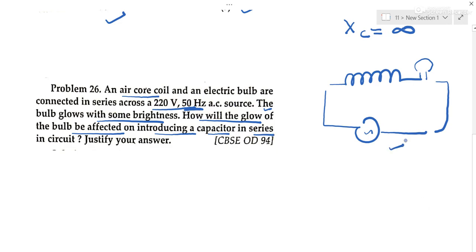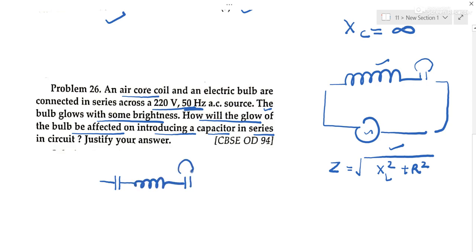So what is the opposition? Opposition is that of the inductor, right, and that of the resistor, that is the bulb. But when we insert a capacitor in series with the circuit, it will become an LCR circuit, and the opposition would be root of R square plus XL minus XC whole square.